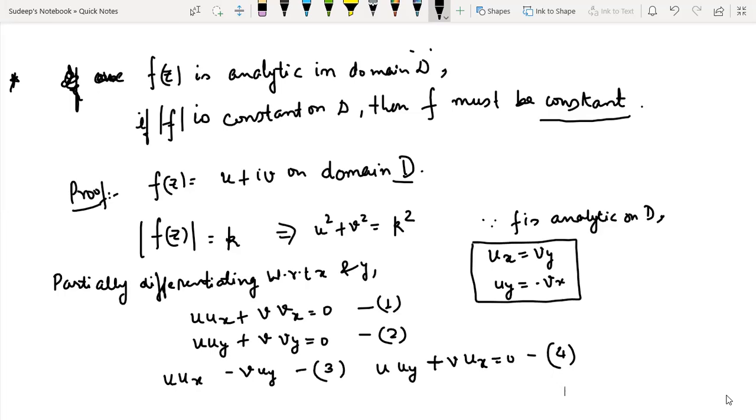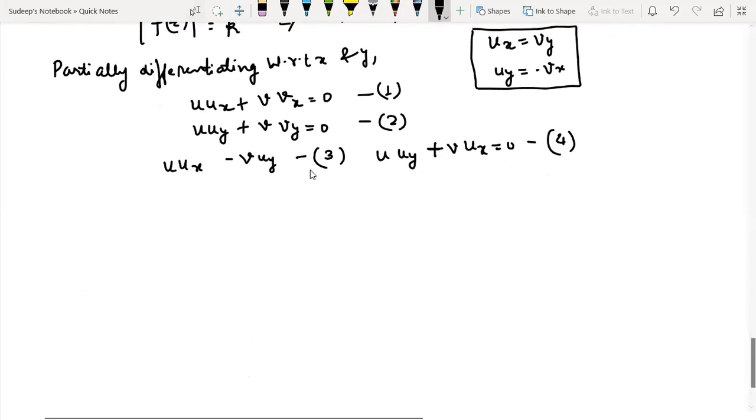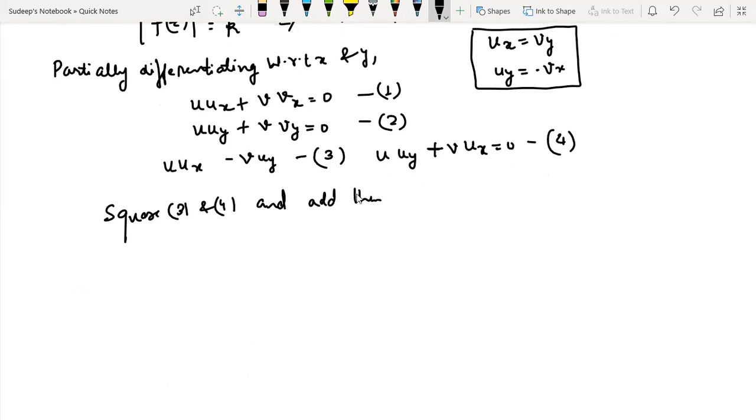Okay. So I can do a little bit of mathematics. I'll square 3 and 4 and add them. What will I get? I'll get u square ux square plus v square uy square plus u square uy square plus v square ux square equal to 0.